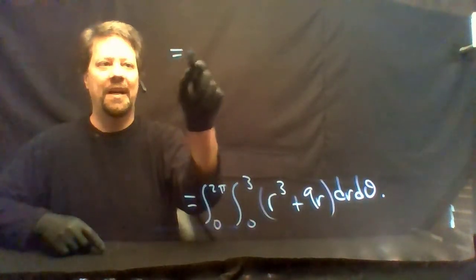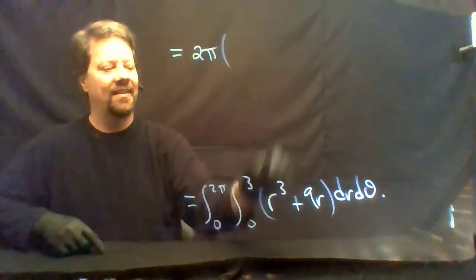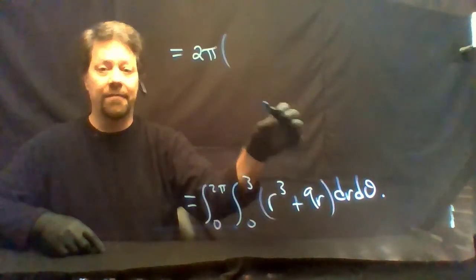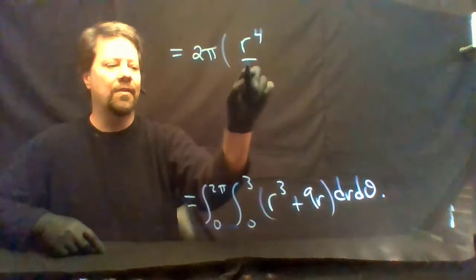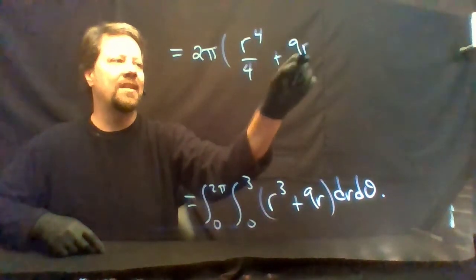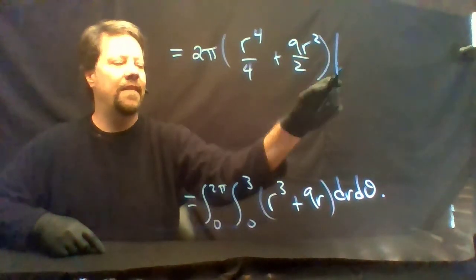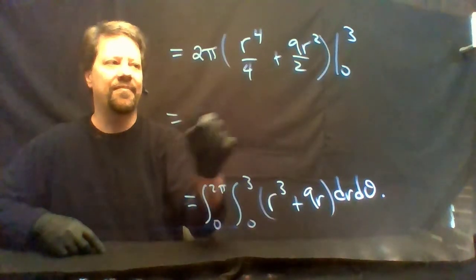We get 2 pi for free. Calculating the integral using the fundamental theorem of calculus, we have r to the 4 over 4 plus 9r squared over 2 evaluated from 0 to 3.